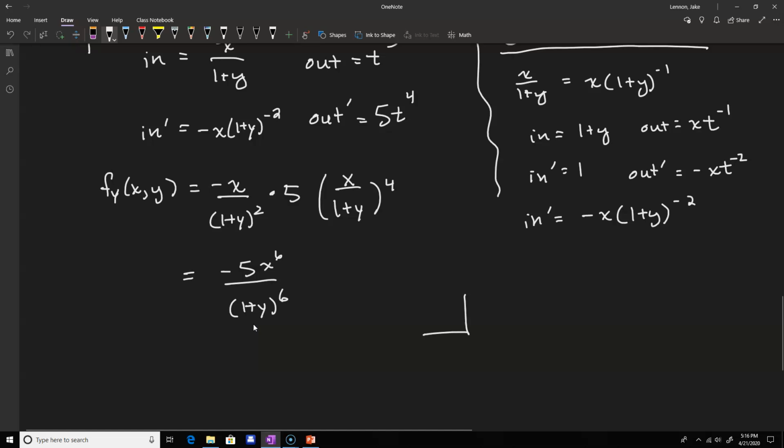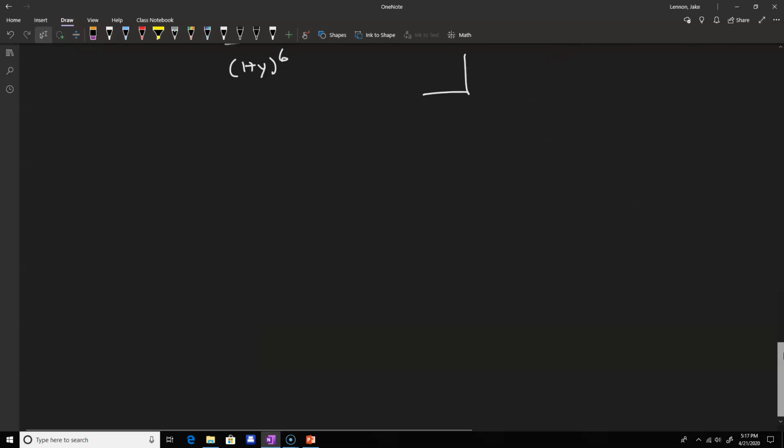Okay, so let's go ahead and look at a few more examples that I have written down, and we'll see some further partial derivatives. So, example. Let's say find all first partial derivatives.